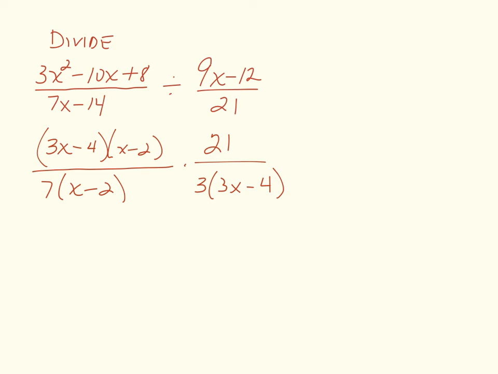Okay, so we have a 3x minus 4 that cancels. Those become 1s. The x minus 2 cancels. Those become 1s. And the 7 cancels with the 21 3 times.